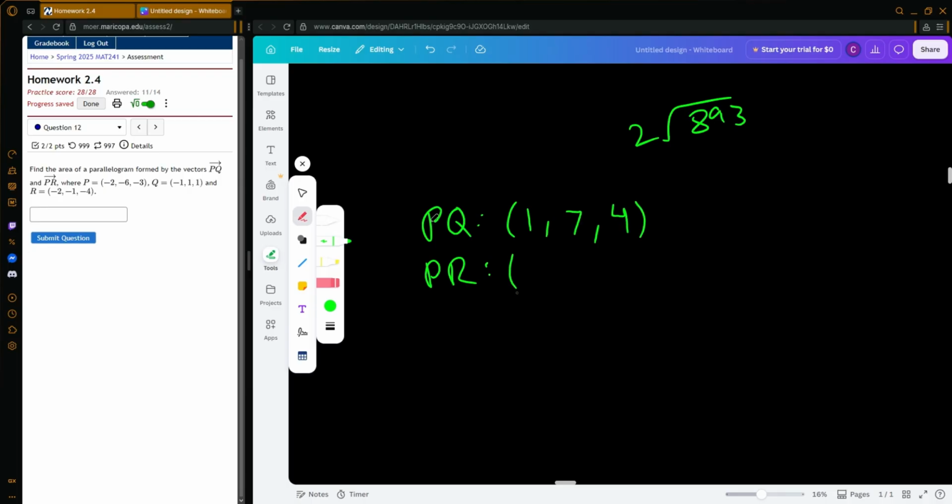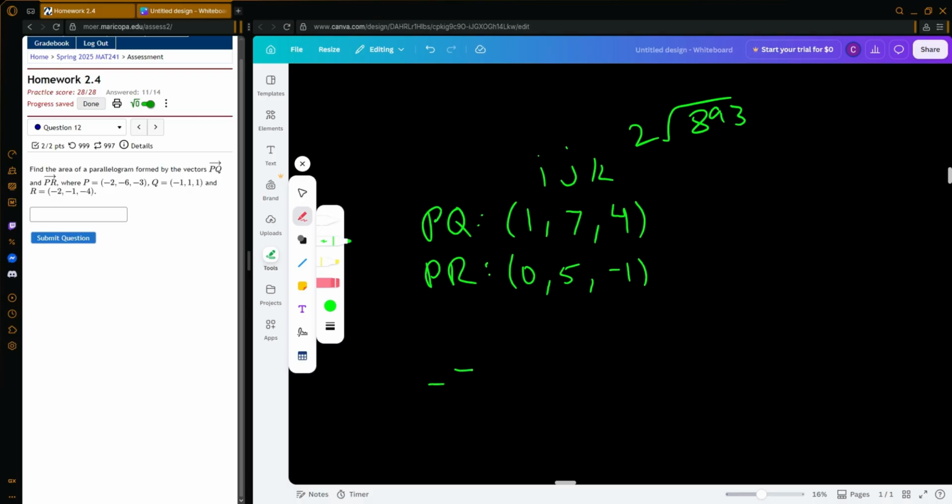This is going to be negative 2 plus 2 is 0, negative 1 plus 6 is 5, negative 4 plus 3 is negative 1. Okay, so now we'll do the cross product for I, J, K.